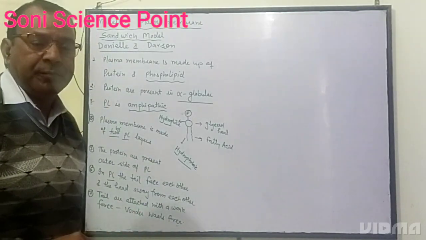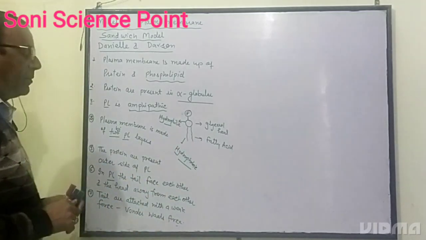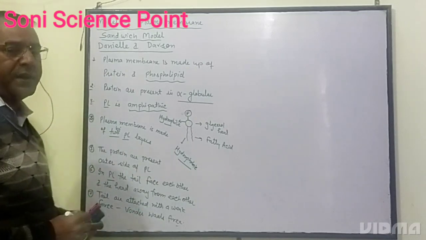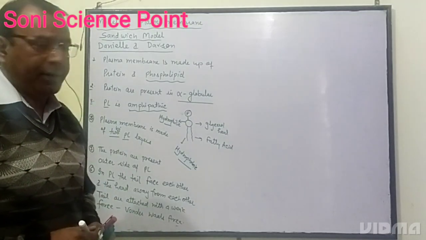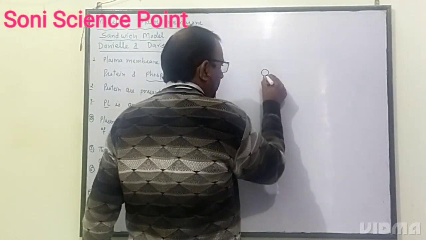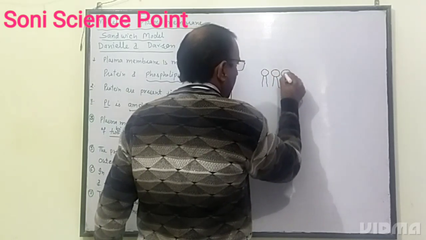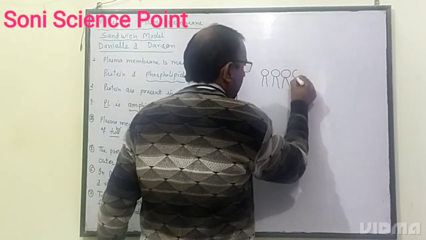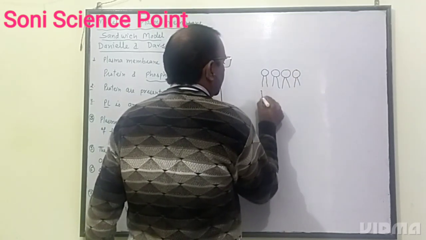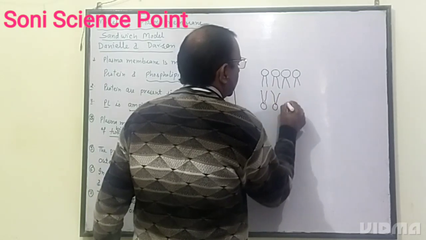According to these properties, we draw the diagram of the plasma membrane. Danielli and Davson proposed that the plasma membrane is a bilipid layer. Bilipid layer means like this: the heads are opposite to each other and the tails face each other.